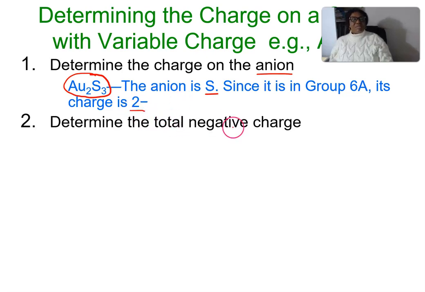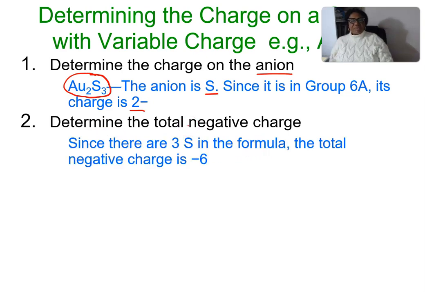Number two, determine the total negative charge. We have 3 sulfur in the formula, so the total is 3 times -2, which is -6.